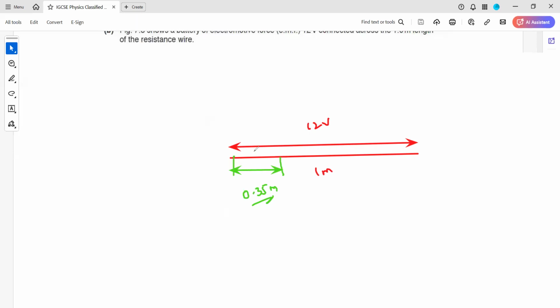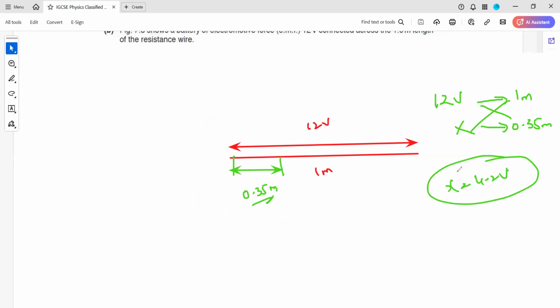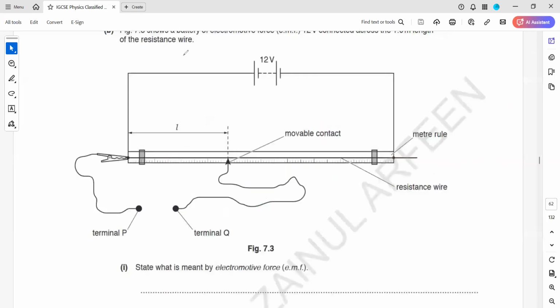Resistance and length are directly proportional. Same thing, voltage and length are also directly proportional. So for a 1 meter length, the total potential is 12. For a 0.35 meter length, what is the potential? X. We just cross multiply and we get 4.2 volts. Voltage and length are directly proportional. Voltage and resistance are directly proportional. Current is inversely proportional.